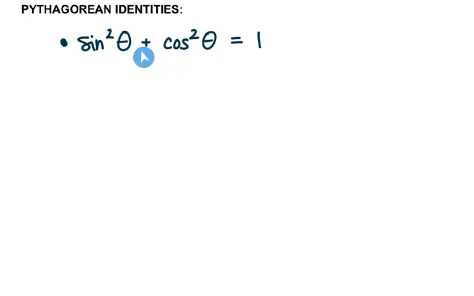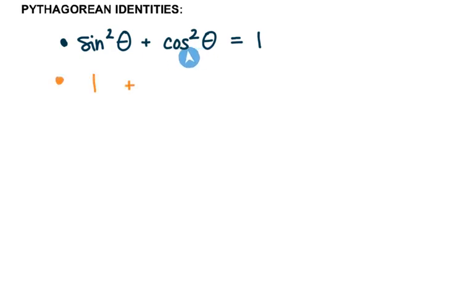Addition's commutative, so it's the same to write cosine squared plus sine squared theta, right? That's sine squared theta plus cosine squared theta equals 1. Now, if I took sine squared and I divided all of these terms by sine squared, well, sine squared over sine squared would give us 1.